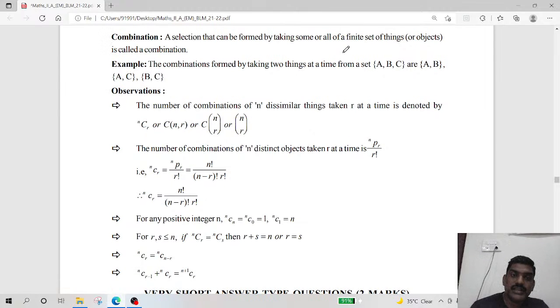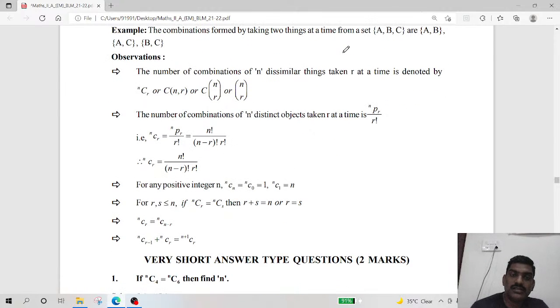Next, nCr formula here. What is nCr? n factorial by n minus r factorial times r factorial. Why is nCr this? Because in nPr, AB, BA, AC, CA, CB, BC both we can take, but here exactly half of the arrangements are going.